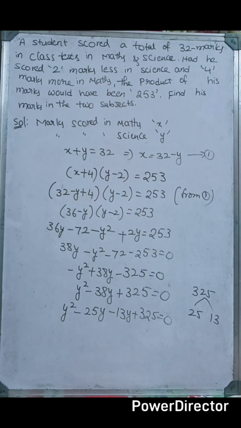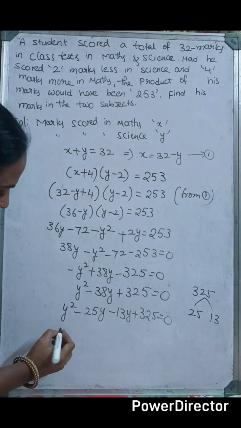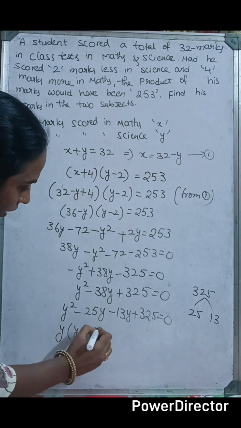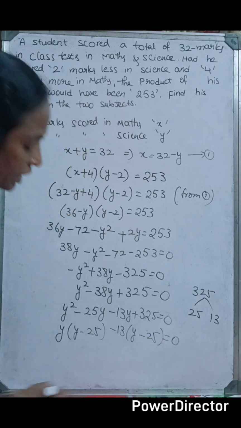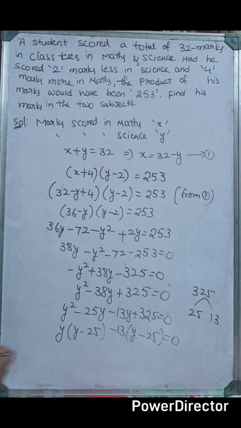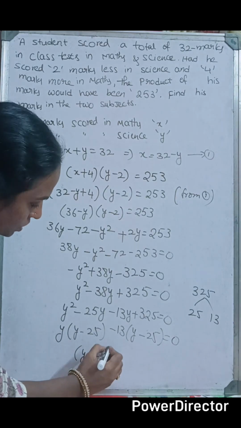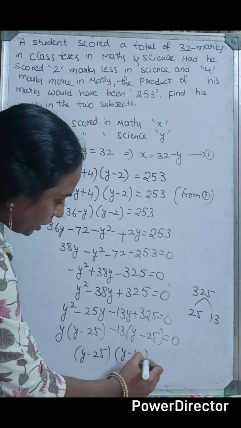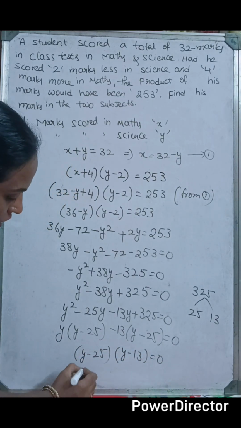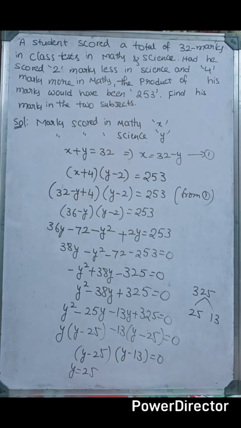After writing this, we will take y as common: y into y minus 25, minus 13 into y minus 25. Now y minus 25 is the common factor, so it becomes y minus 25 into y minus 13.